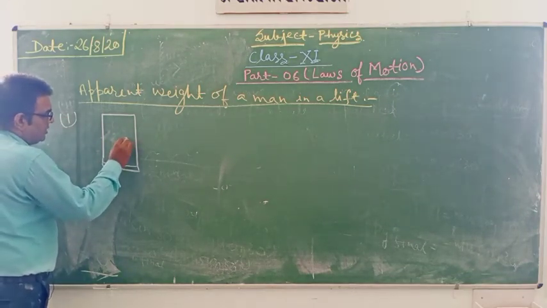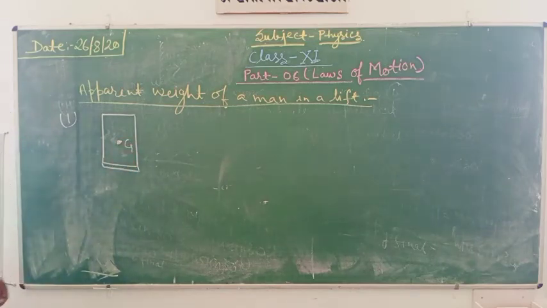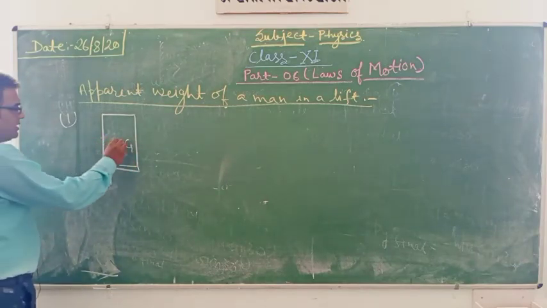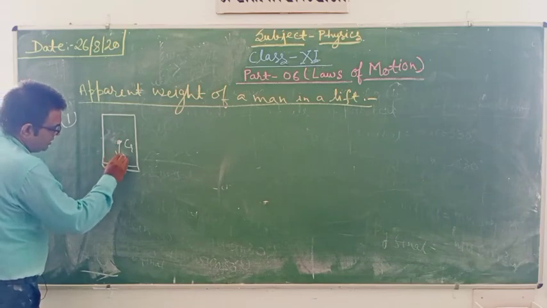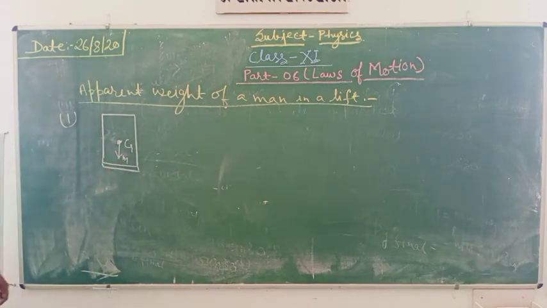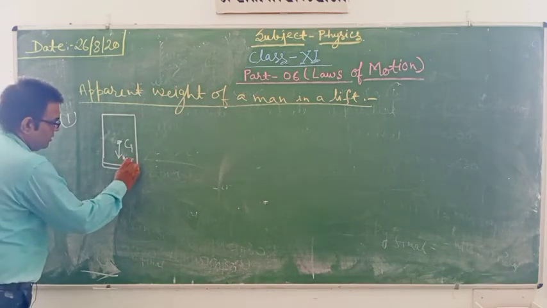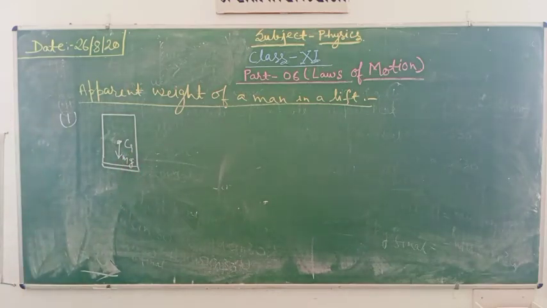Suppose the weighing machine is placed here, and a man of mass m is standing on the weighing machine. So due to acceleration due to gravity, the weight is mg.